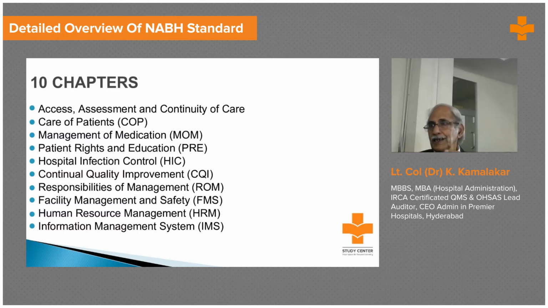Then the information management system, it has two components. Information management system is how you are capturing the information. So that may be your hardware and software related to information technology. The rest of the IMS chapter is about what should be there as contents in a patient file, that is medical records.